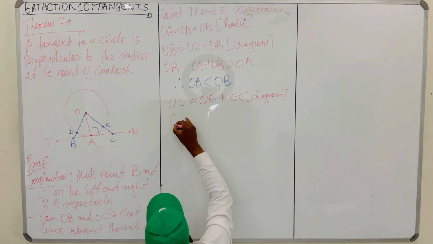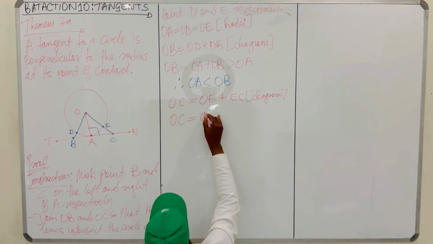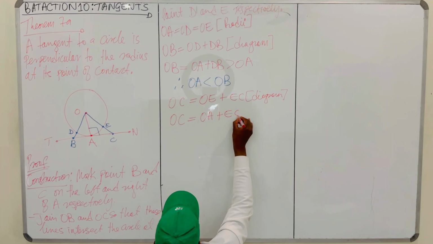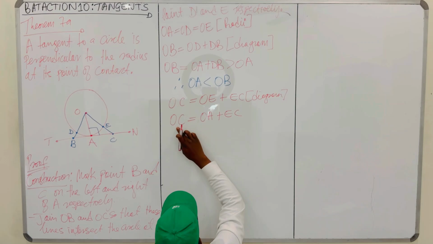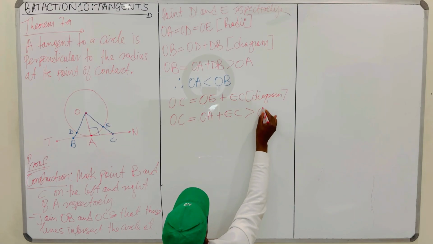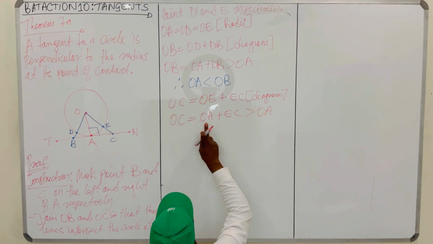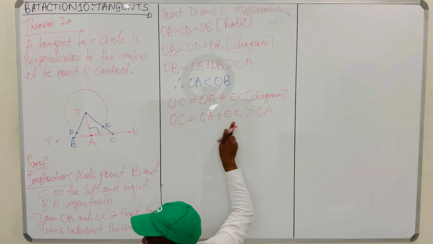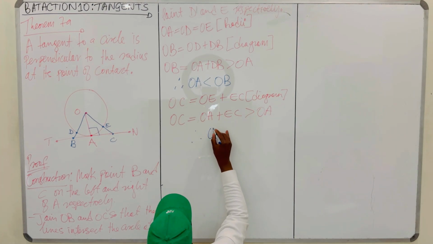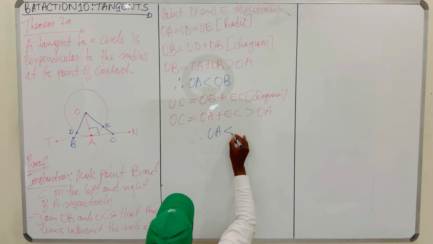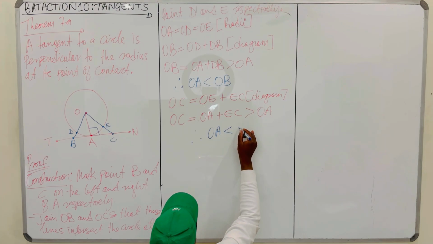Which means your OC is equal to OA plus EC. Which means that your OC should be bigger than your OA, because your OC is OA plus something else. So we can say, therefore, your OA is less than OC.